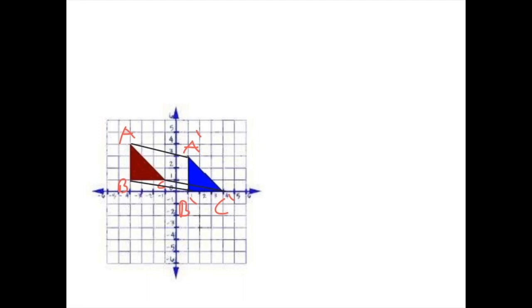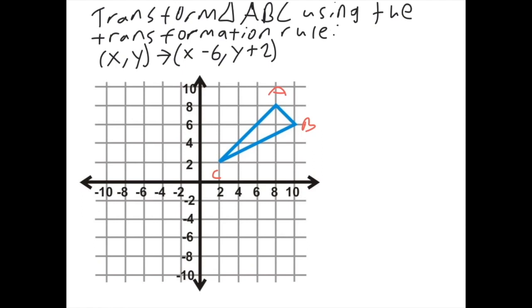So you can tell which one is the pre-image and which one is the image, because the image will always have the prime marks. For this example, we're going to transform triangle ABC using the transformation rule that they give us. And in this case, they say xy transforms to x minus 6, y plus 2. What that means is, for every point on that shape, we will move horizontally to the left 6 units, because it's negative 6, so we'll move to the negative side.